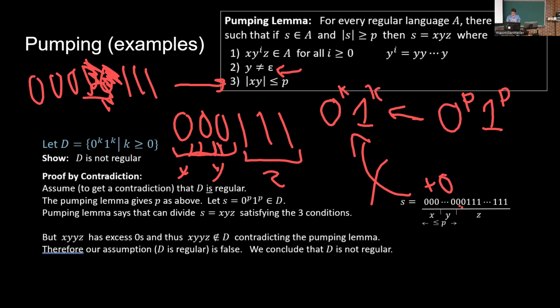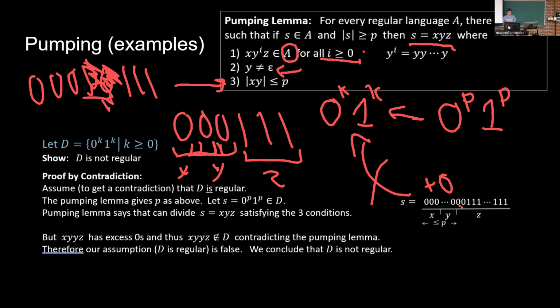So this is saying, if a language A is regular, right, there exists a P, and there's some way to break it where for every number of pumpings, this is in the original language.